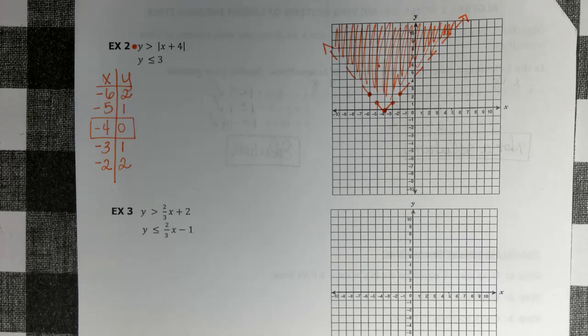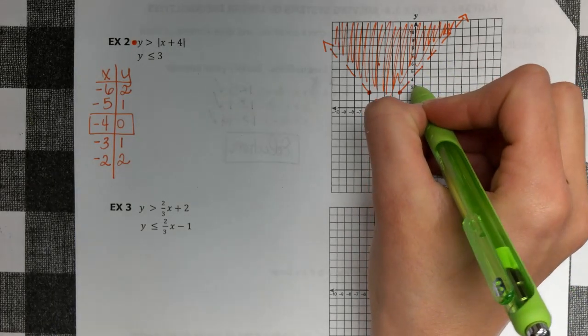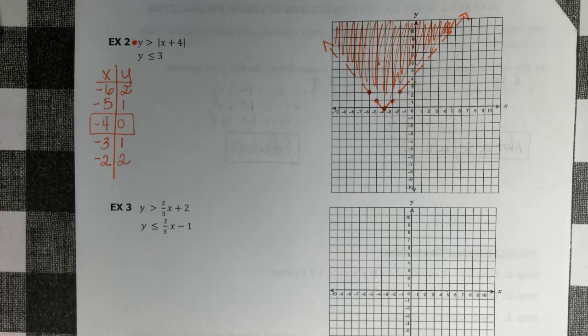So y is less than or equal to 3. What type of line is that? Solid. That's a solid line. Is that going to be diagonal, vertical, horizontal? It's horizontal. Okay, do not make that a diagonal line with a y-intercept of 0. That's not accurate. This is just a horizontal line passing through 3.